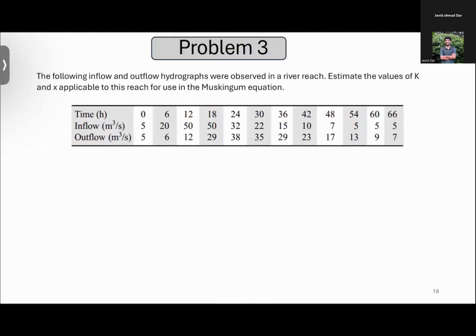So now let's say we have to estimate the values of K and x applicable to a reach for use in the Muskingum equation. You are given the time, inflow, and the outflow.